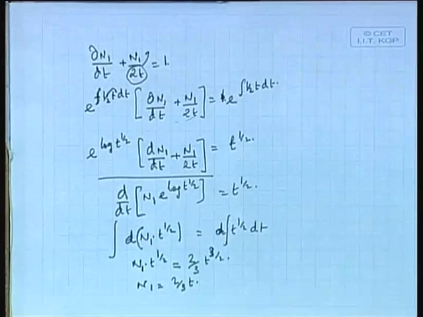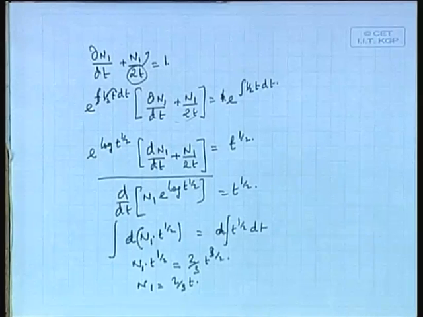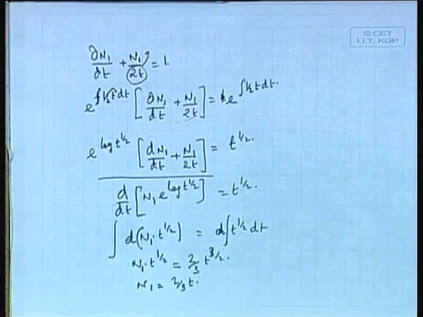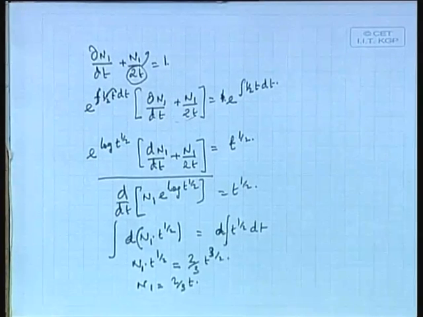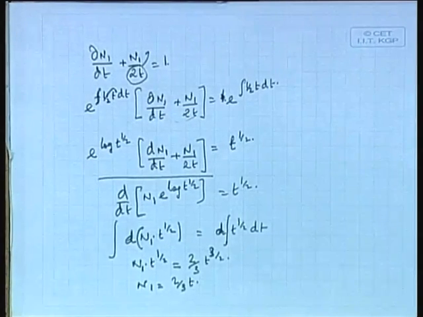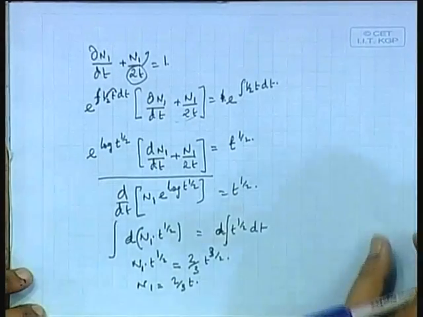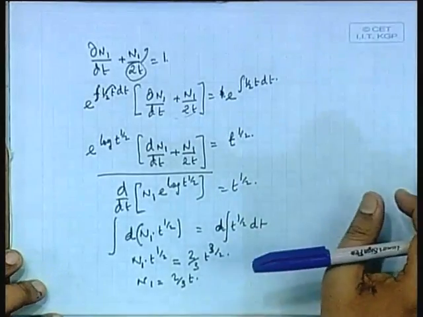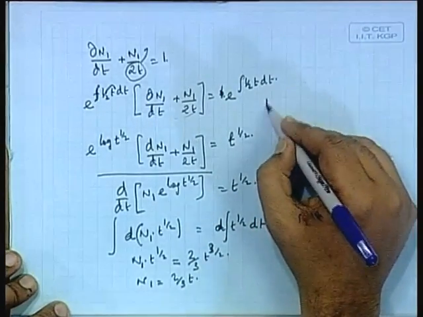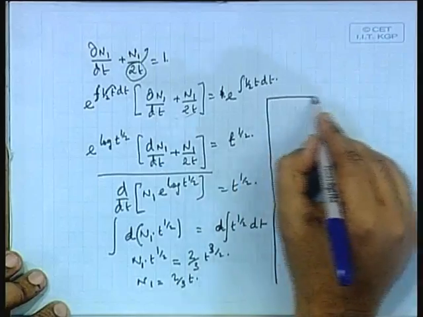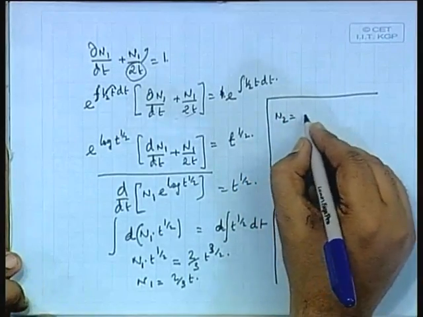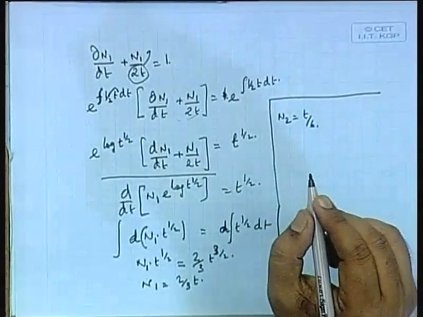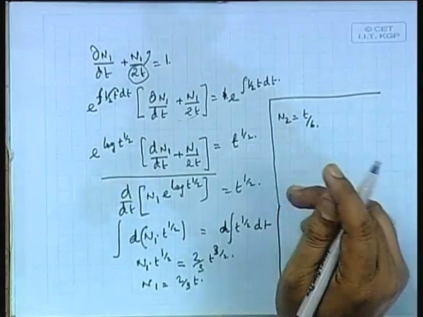Okay. So next thing we see is n2 will become t by 6. Same way you can go on doing.